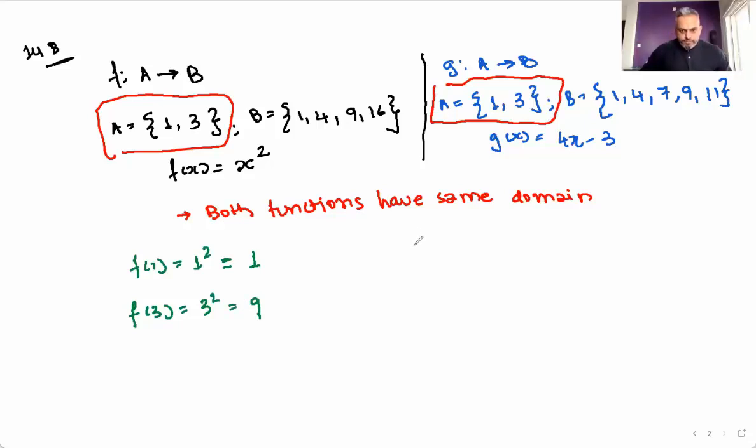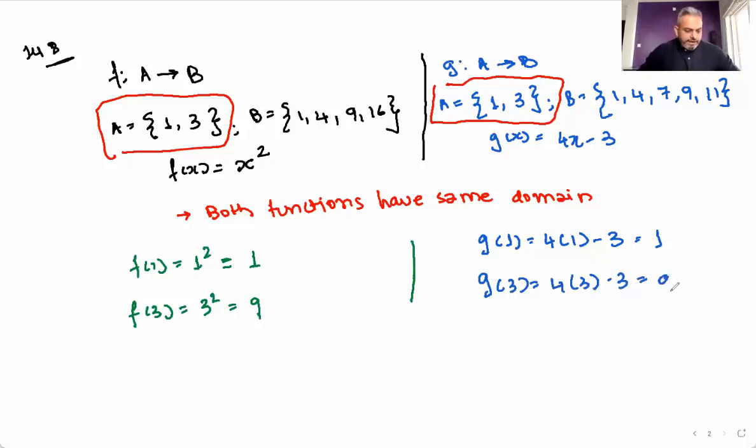Over here, g of x, so we take g of 1 is equal to 4 in the bracket 1 minus 3. 4 ones are 4, minus 3 is 1, and g of 3 is equal to 4 in the bracket 3 minus 3. 4 threes are 12, minus 3 is 9.